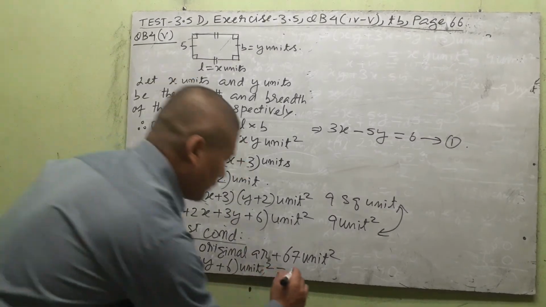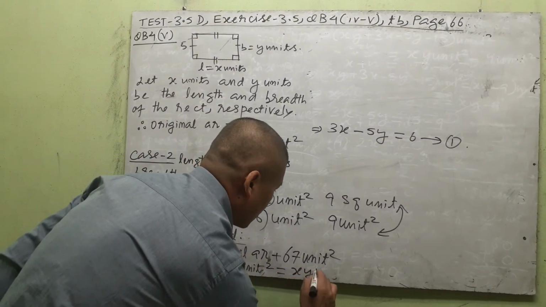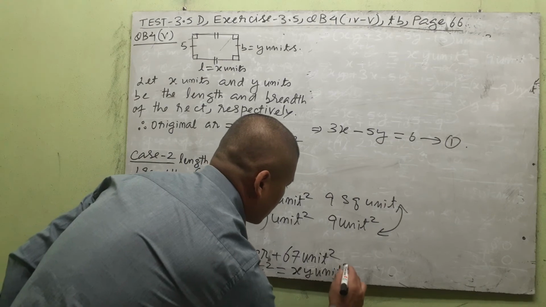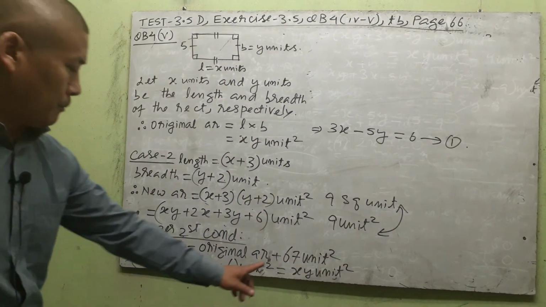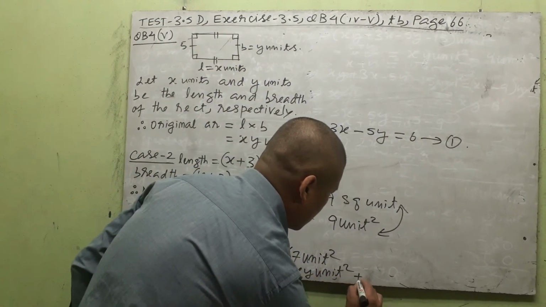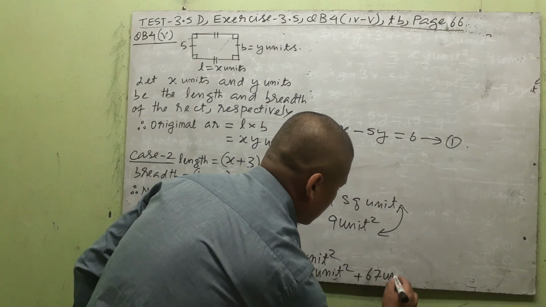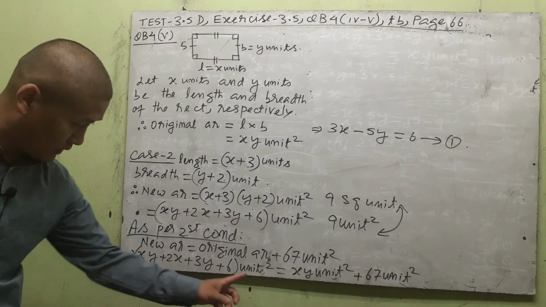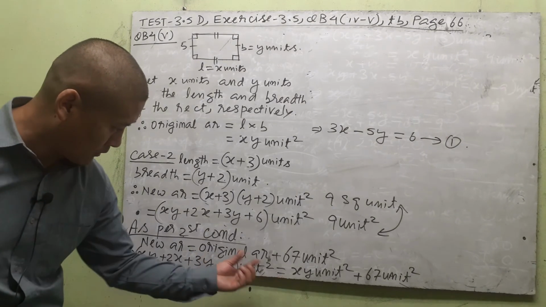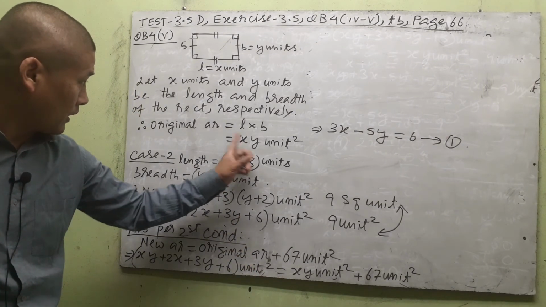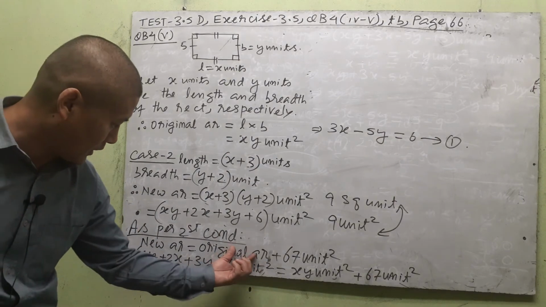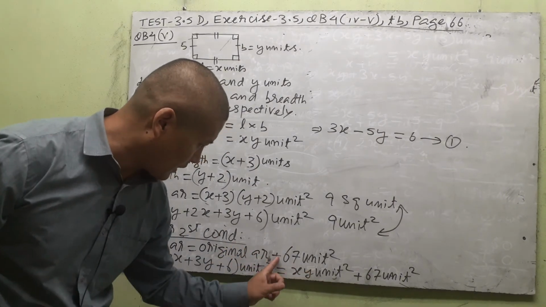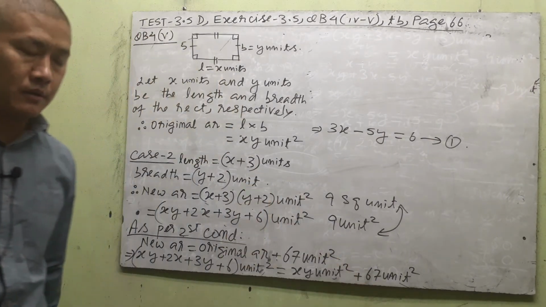Original area is always from the beginning we wrote xy unit square plus 67 unit square. So new area equals original area xy unit square plus 67 unit square.